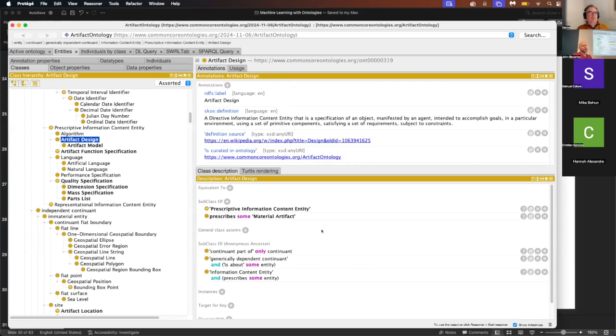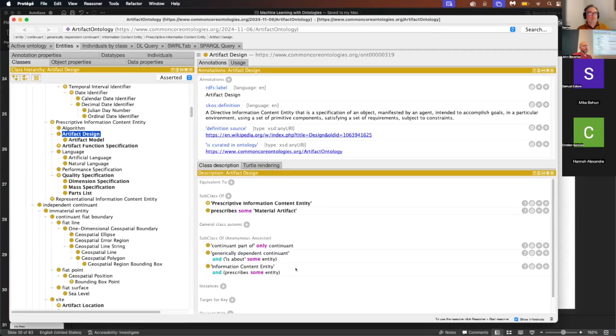You'll find the axioms that it has over here under description. If your windows are set up like mine, which is the default, you'll see these that are not bold. These will be inherited from BFO for the most part, or are part of some other module, like the information content entity prescribing some entity.